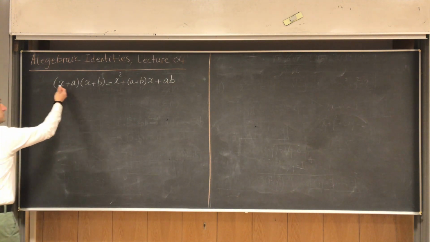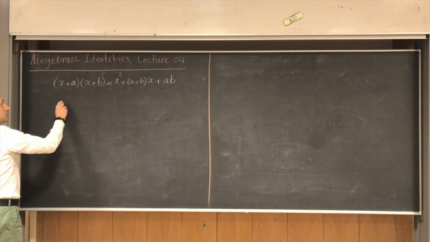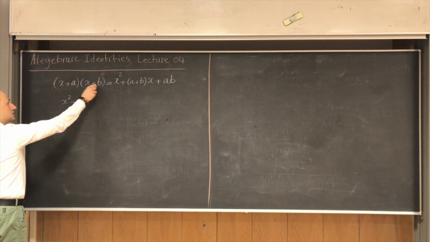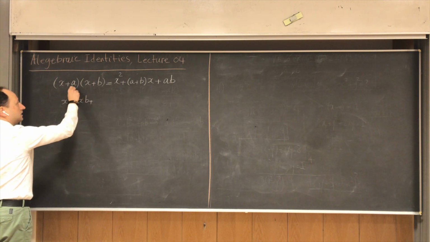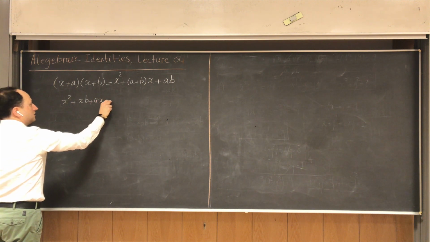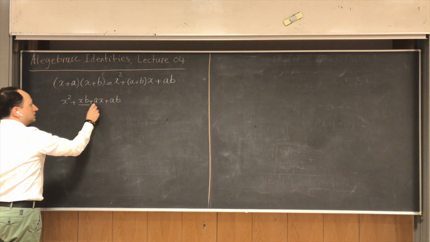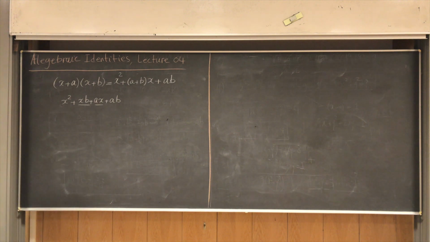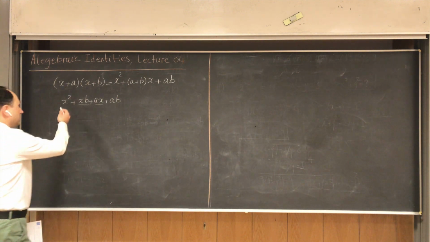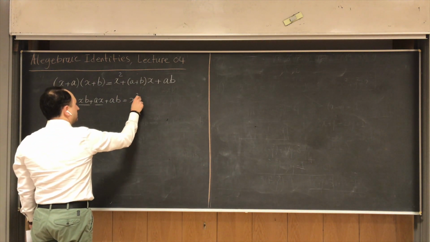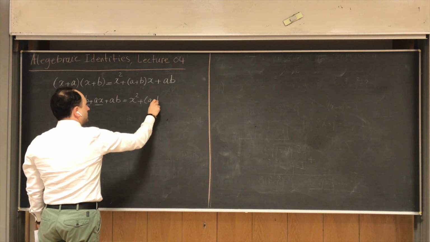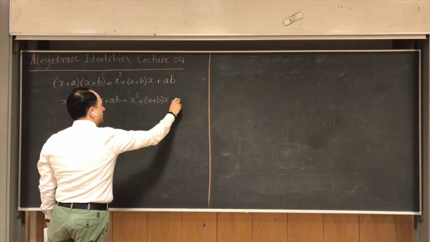Why? Because if I start multiplying this, it becomes x squared plus xb plus ax and finally plus ab. Then you see that in these two middle terms, I can factor x out. So this becomes x squared plus (a plus b)x plus ab.